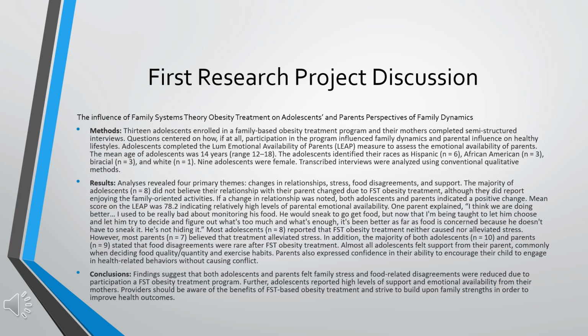The analysis revealed four primary themes: changes in relationships, stress, food disagreements, and support. The majority of the adolescents did not believe their relationship with their parent changed due to FST obesity treatment, although they did report enjoying the family-oriented activities.